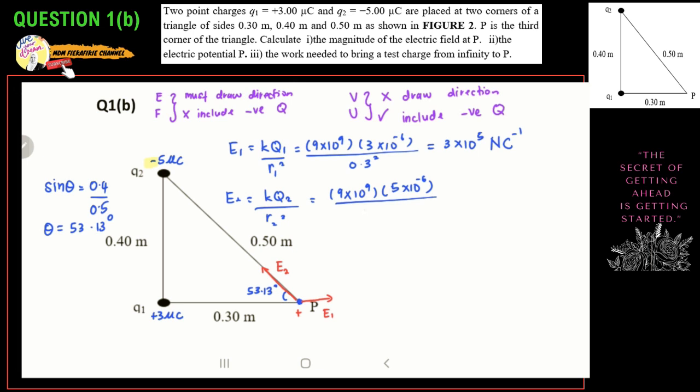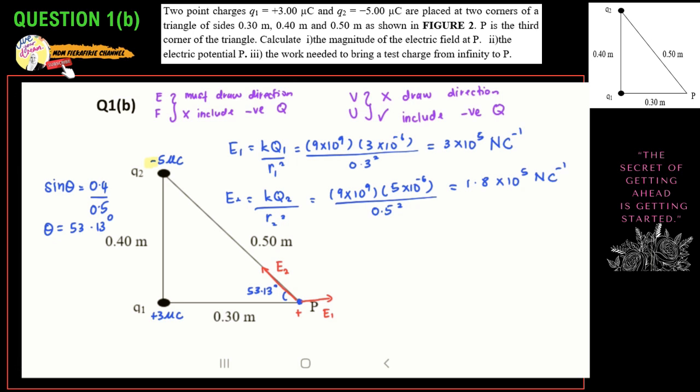The distance between P and Q2 is 0.5, so substitute 0.5 squared, and it is equal to 1.8 times 10 to the 5 Newton per coulomb. Now we have finished calculating E1 and E2.